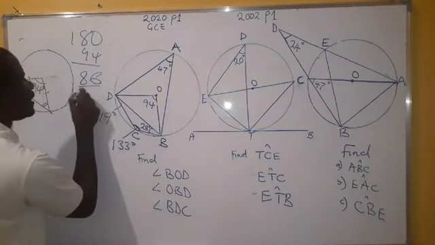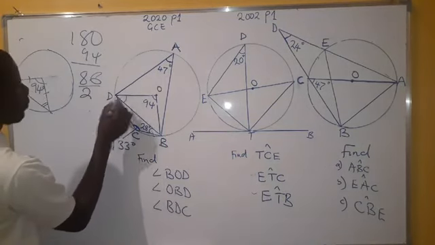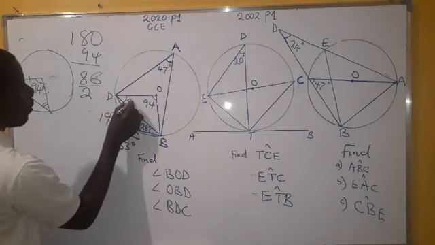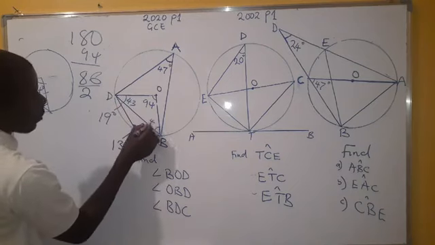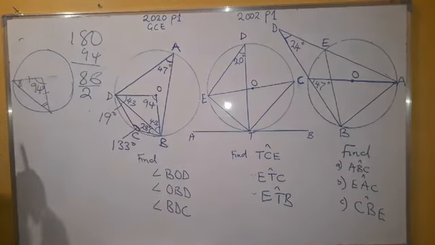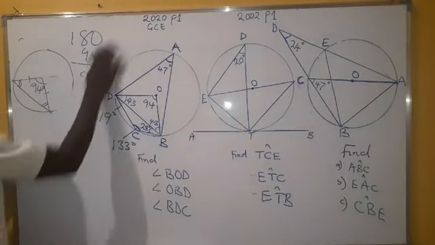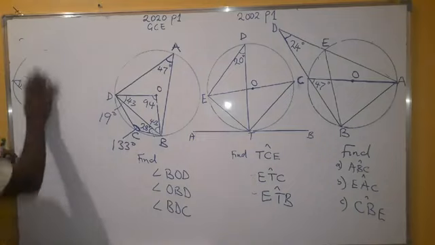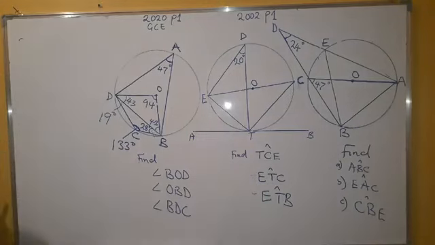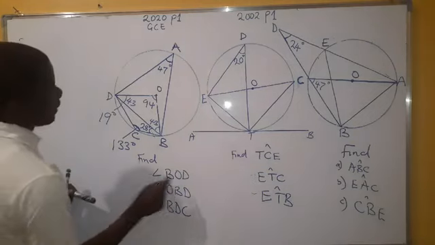So we need to divide by 2 so that we get each of these angles. What do we get? 43. Okay? So I don't know if there is still an angle that we can find here using this information. Okay, let's see if we can find BOD.